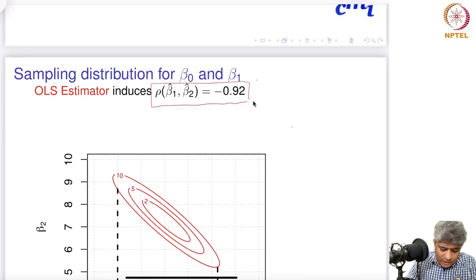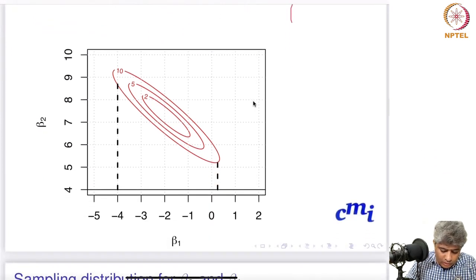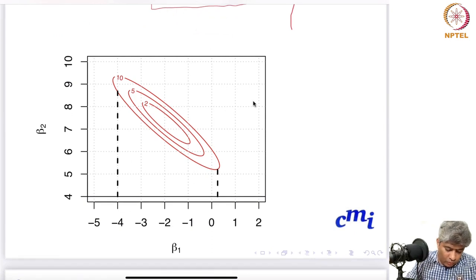So you can see the correlation is very high.